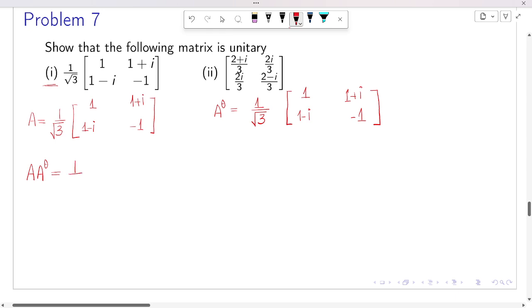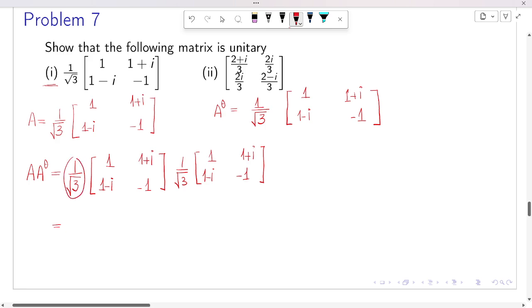A is 1 by square root 3 and B is 1 by square root 3, 1, 1 plus iota, 1 minus iota and minus 1.